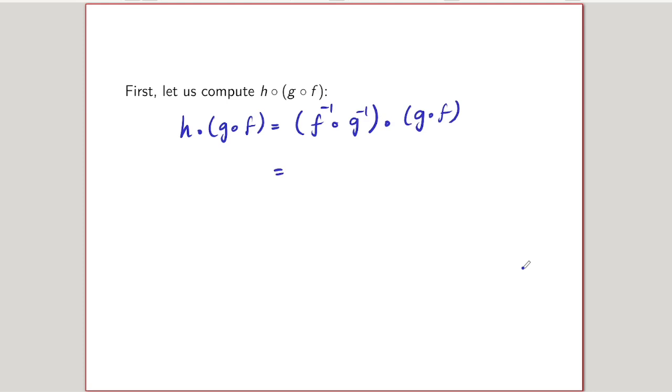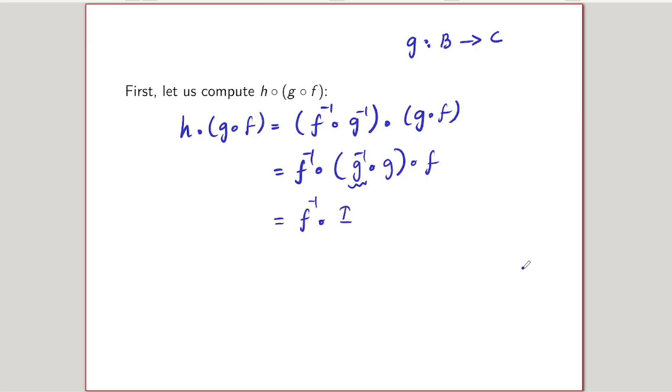We already know that composition of functions is associative, so I am going to change the bracket: f inverse composition g inverse composition g composition f. Also, we know that g is a map from B to C, and since we are taking composition with g inverse in the first place, we will get the identity map on the domain of g, that is I_B composition f.